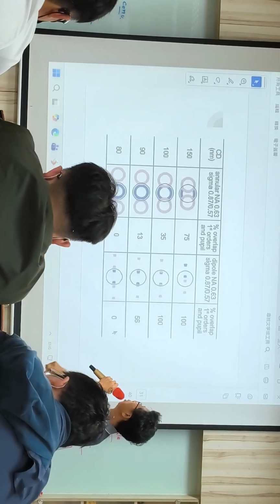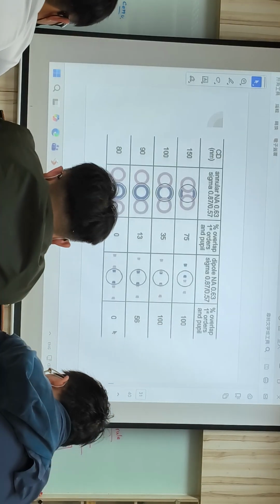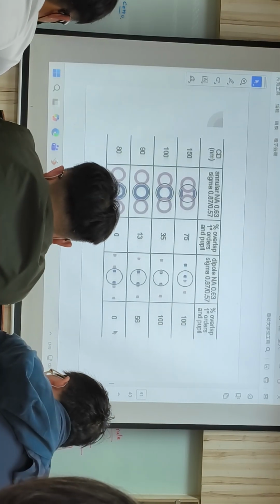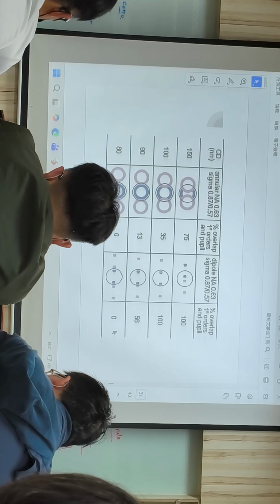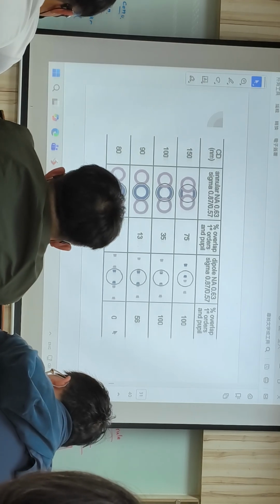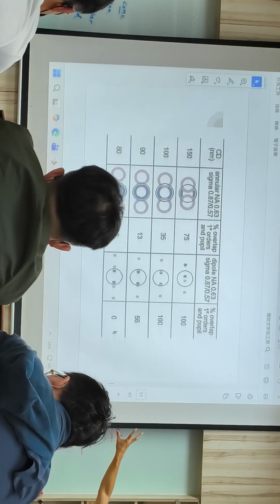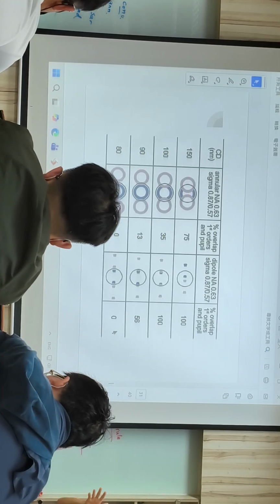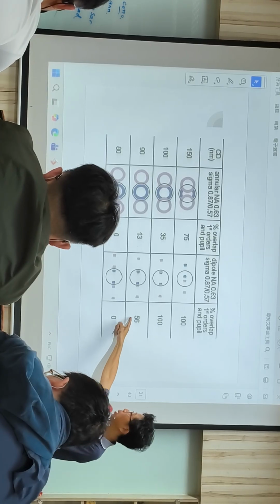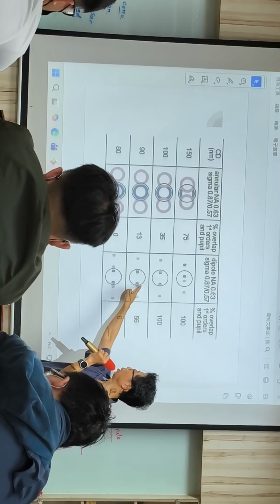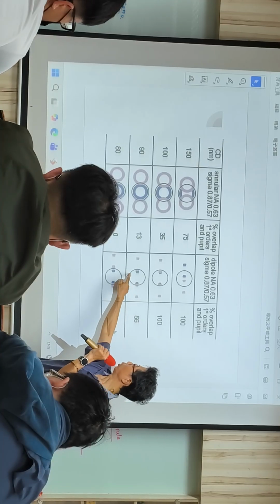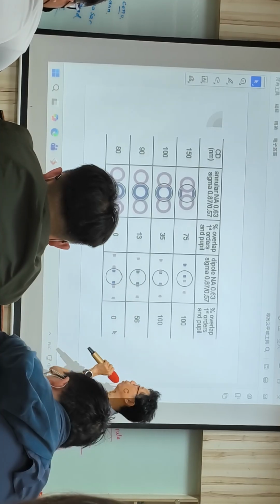So dipole has much better image contrast than annular. Both are OAI, but this figure tells you why we like dipole better than annular, because we have much more imaging inside the pupil.